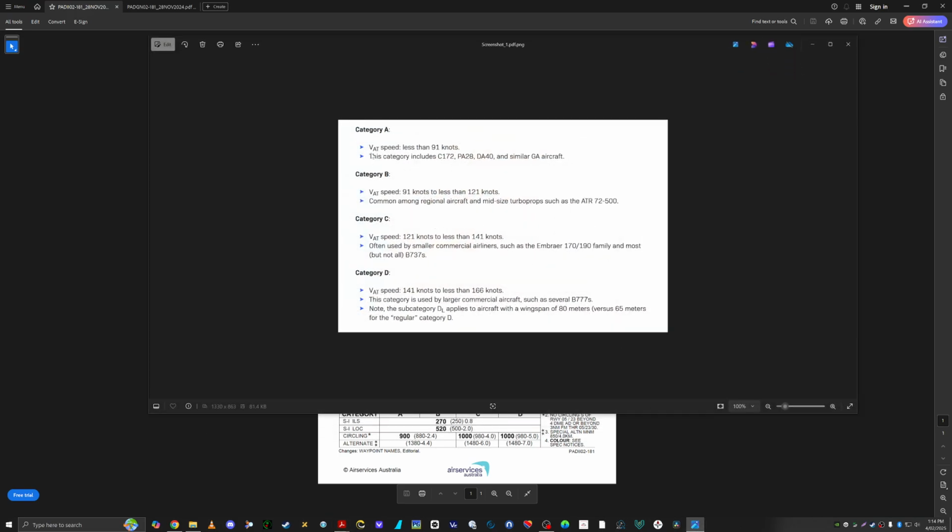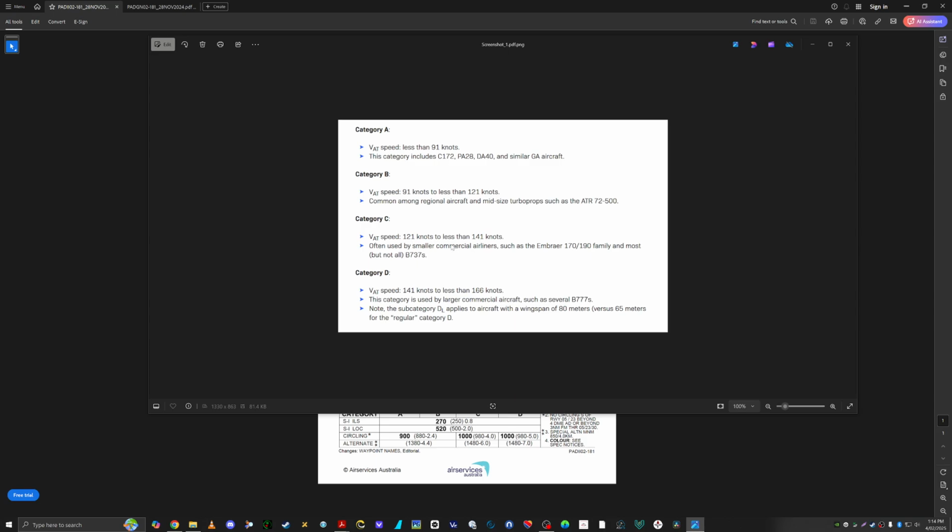Your Cat A is an approach speed of less than 91 knots, and this includes your Cessna, your Diamond, and other similar aircraft. Your Cat B is an approach speed of 91 knots to less than 121, and the mid-size turboprops would be among those, the regional aircraft.